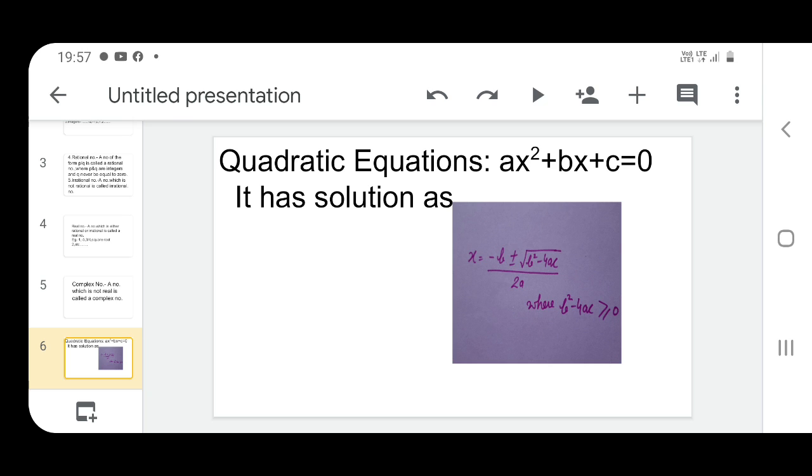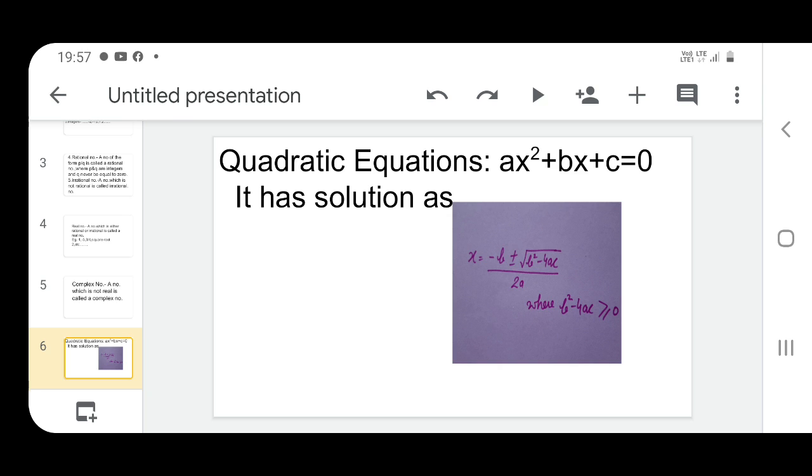Particularly, in the last, we read the quadratic formula, and by the quadratic formula, we know the solution of this quadratic equation is x equals minus b plus minus root of b square minus 4ac, whole upon 2a. This was the solution by the quadratic formula, where a, b, c are real numbers and a is never equal to 0. These are the special conditions for this quadratic equation.